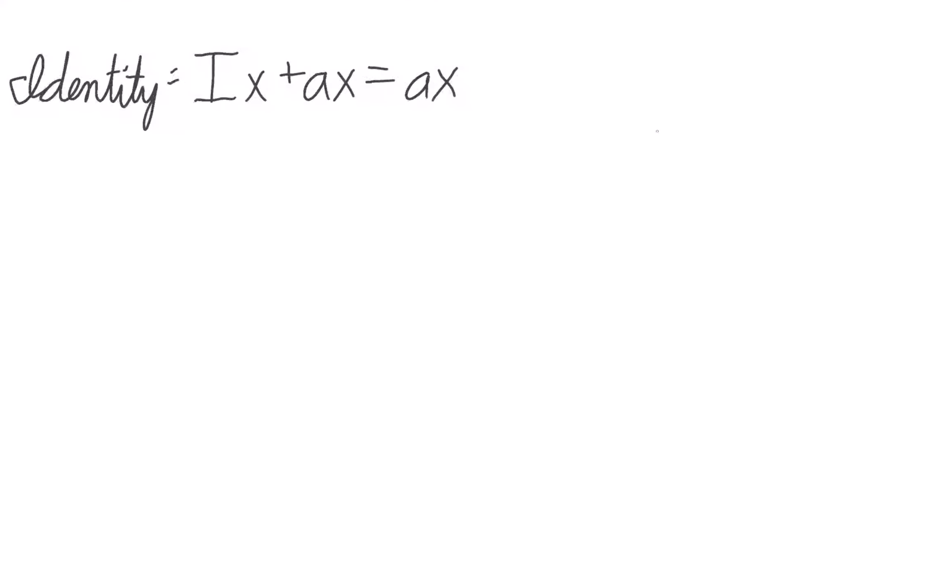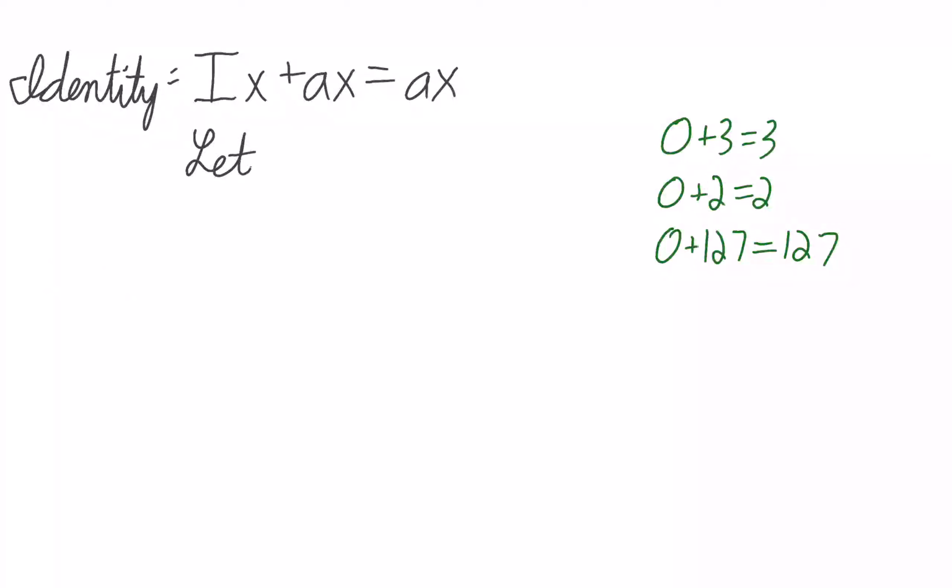So one thing we know is that this is acting kind of like a 0, like 0 plus 3 is 3, 0 plus 2 is 2, 0 plus 127 is 127, and that's never going to be different. There's no exception because of just what 0 is. So since it reminds us of 0, the thing we're going to try is to let I equal 0.